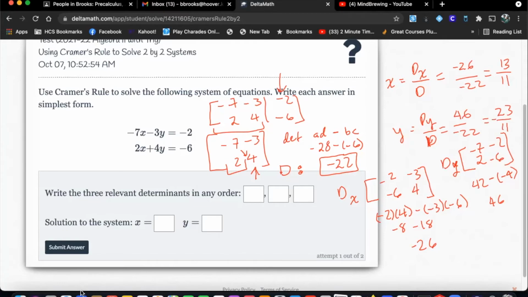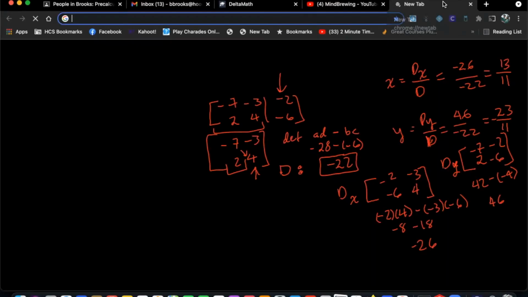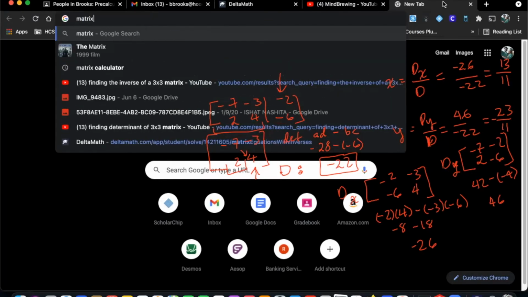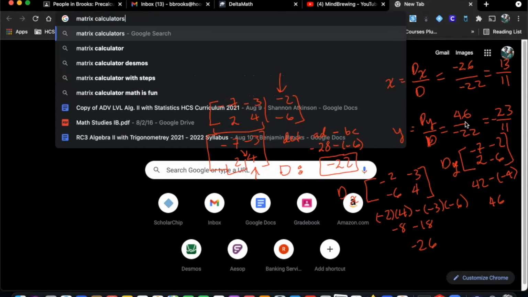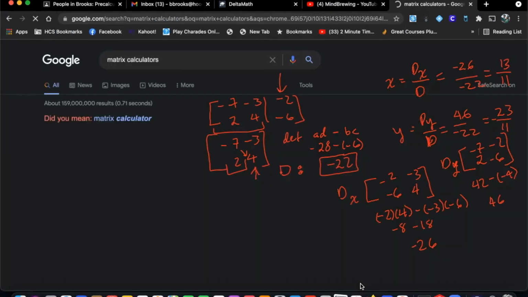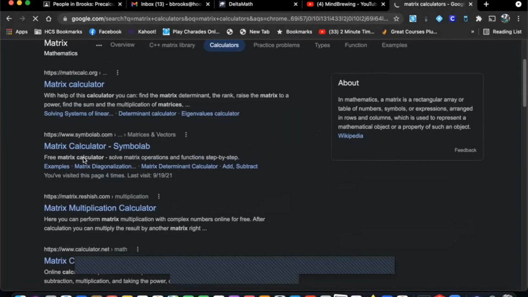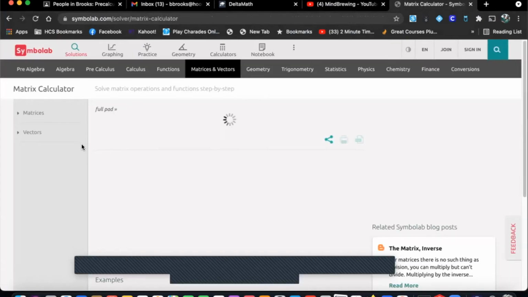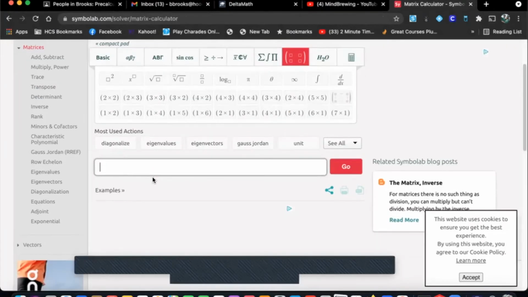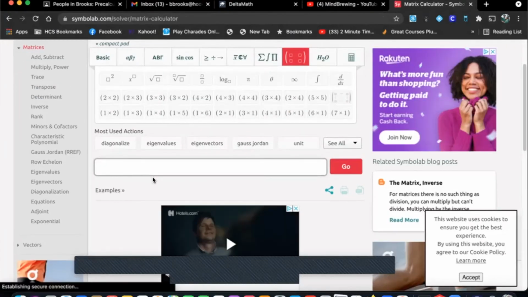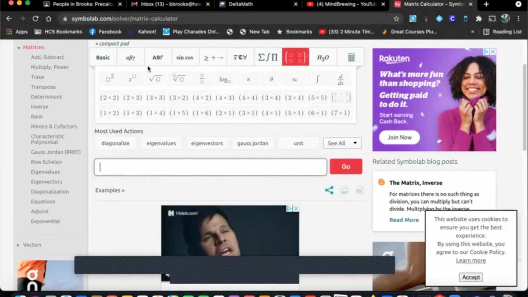And here's one way to just check and make sure your answers are correct. One of the calculators I love to use is the Simulabs matrix calculator. It's very, very helpful. Basically, it's going to help you with your augmented matrix.